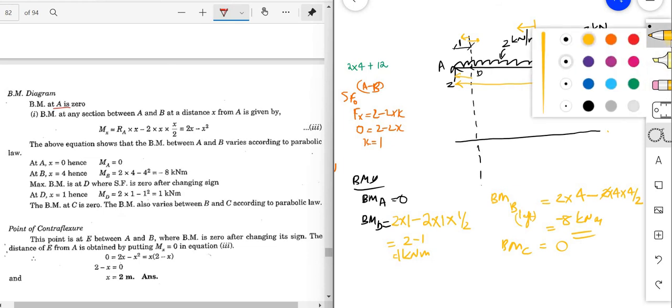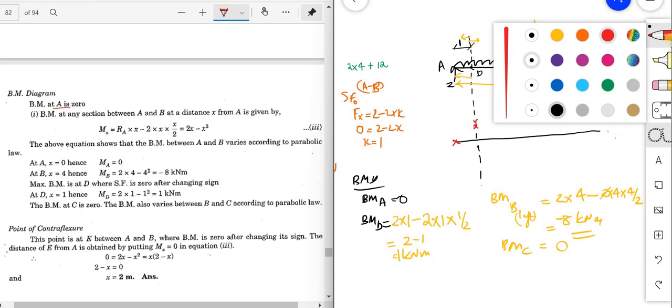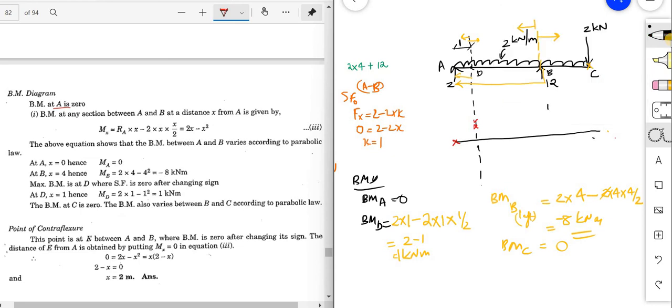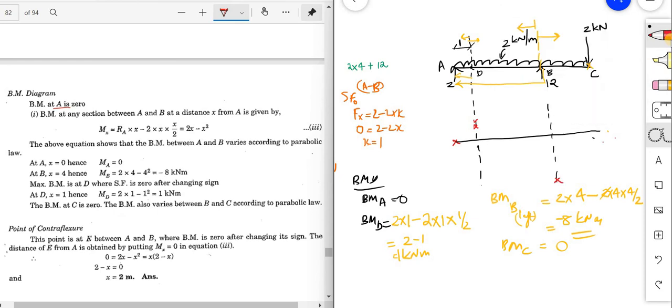Now I am marking the points. Here it is 0. Here there is 1 kilonewton. At B it is negative, so I have to mark the point minus 8, and here it is 0.